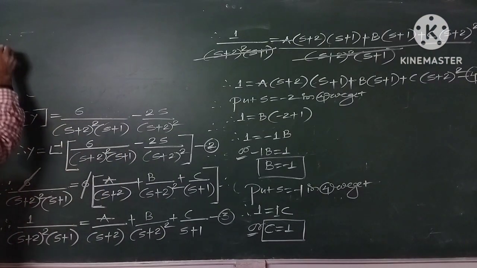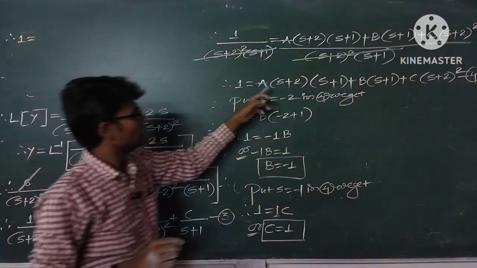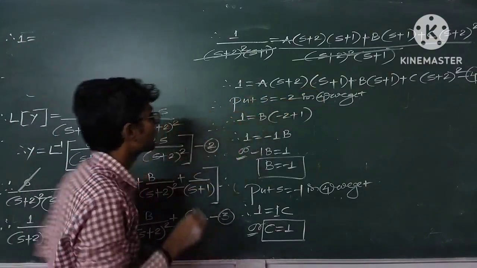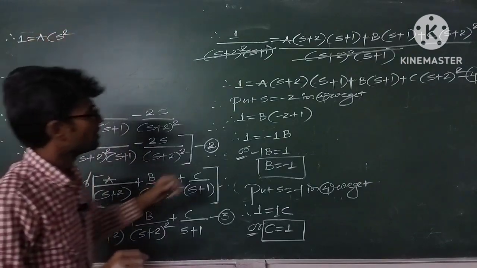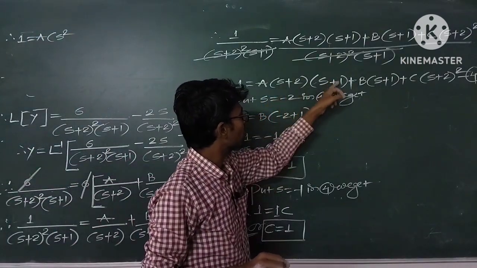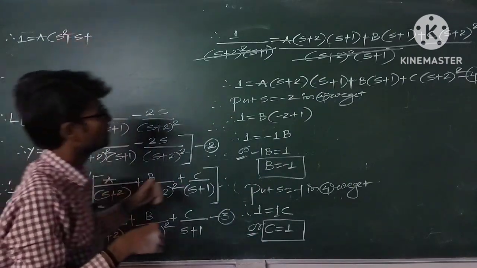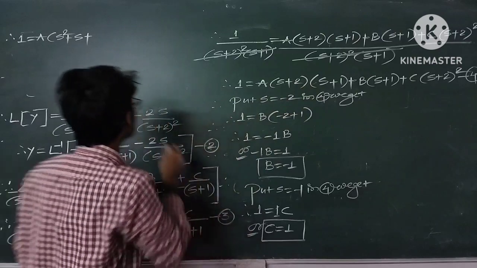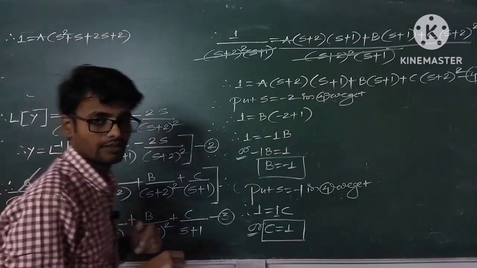So let's see how. Therefore I will write 1 is equal to A first as it is, (s into s is s square, s into 1 is s, plus 2 into s is 2s, plus 2 into 1 is 2), right.